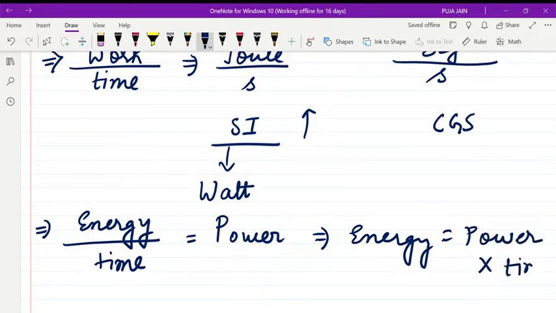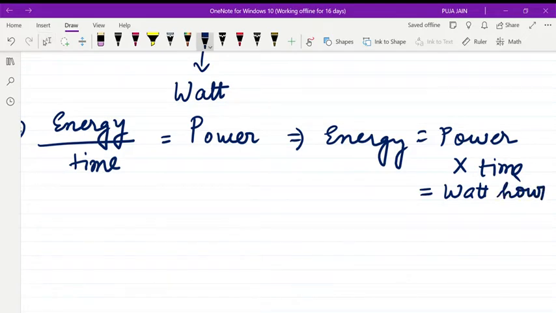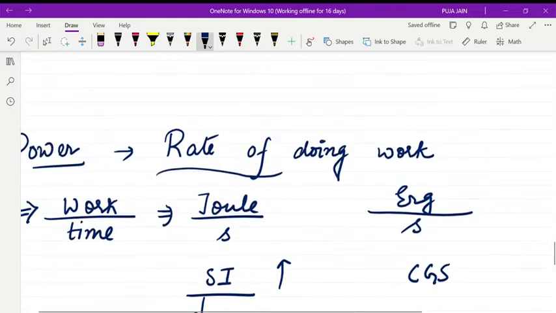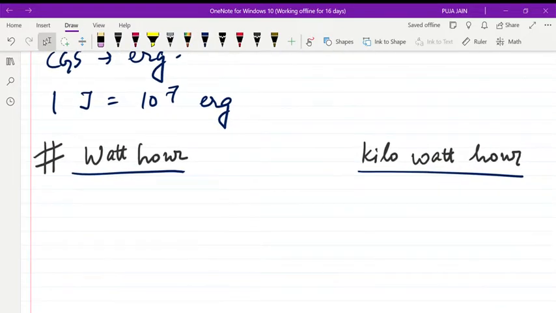So if I express power in SI units as watt, and time in hours, then the unit of energy can be watt hour. So energy's bigger unit is watt hour. So 1 watt hour.